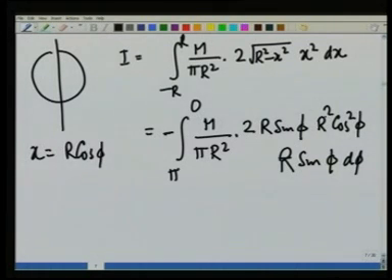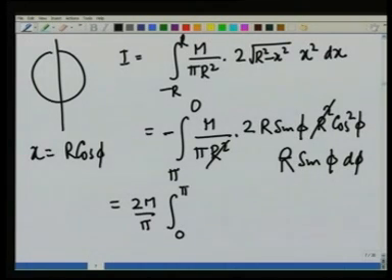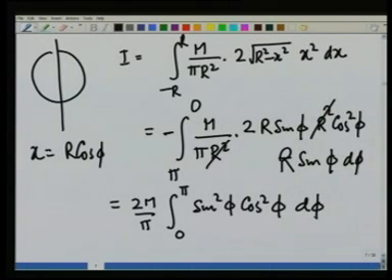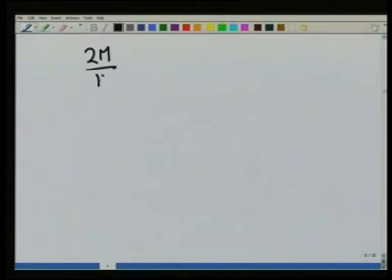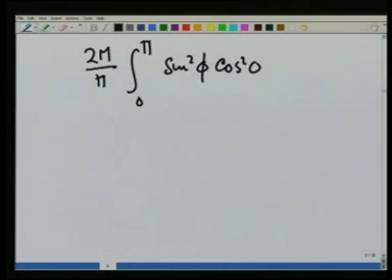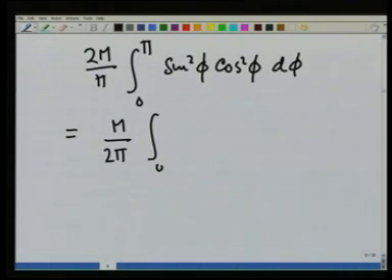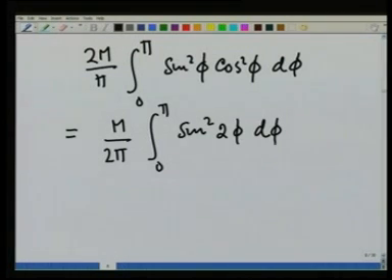which I can write as, this r square cancels, 2 m over pi integral zero to pi sin square phi cosine square phi d phi, which is equal to 2 m over pi integral 0 to pi sin square phi cosine square phi d phi, which is equal to m over 2 pi integral 0 to pi sin square 2 phi d phi.